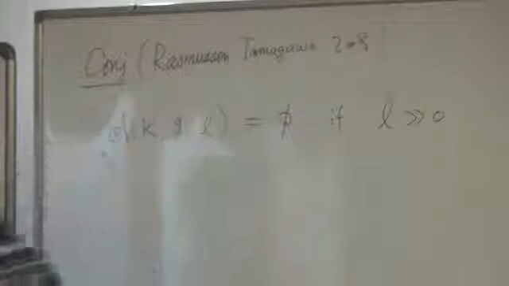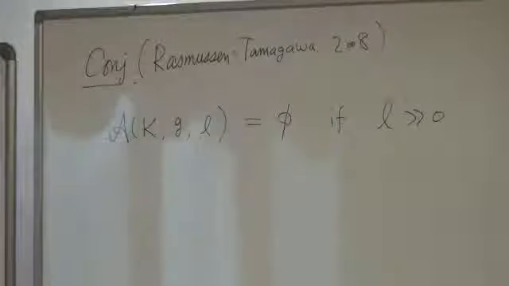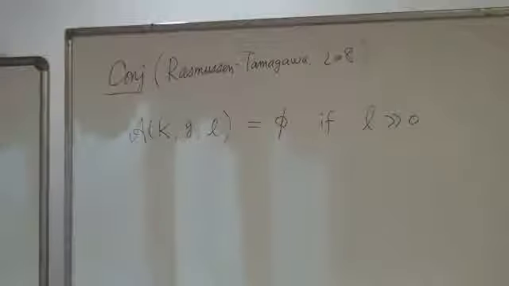By a famous theorem of Faltings, this set is always finite, but their conjecture is that if you take the union for all l, then the set is still finite. This means that this is empty for all large l.